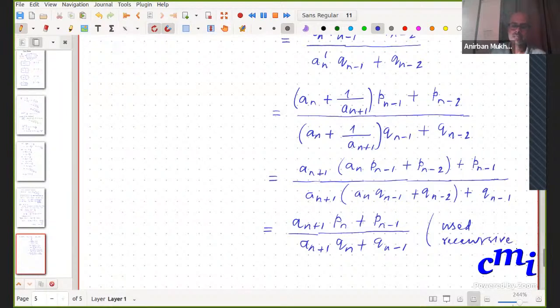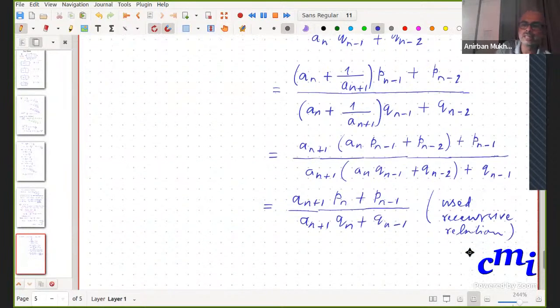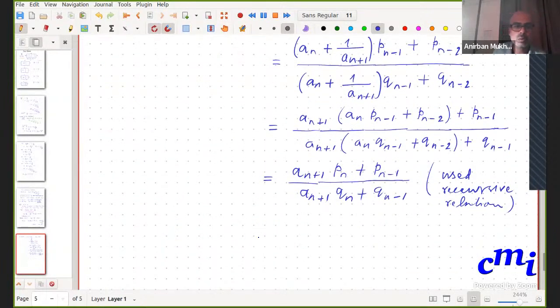And we use the recursive relation again, so this is just pn plus 1 by qn plus 1.